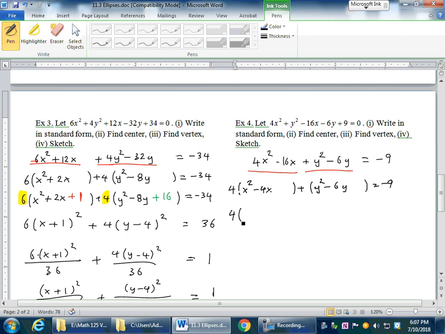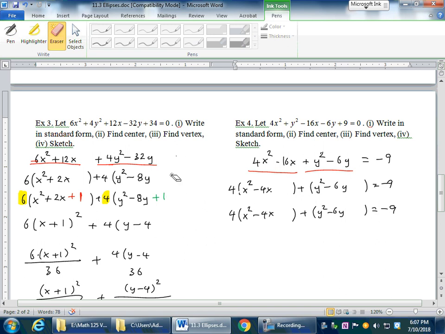Now let's decide what number to add for the x part and then for the y part. Let me copy this down first. Let me erase a little bit on the left hand side, so that we can use it as side work right here.